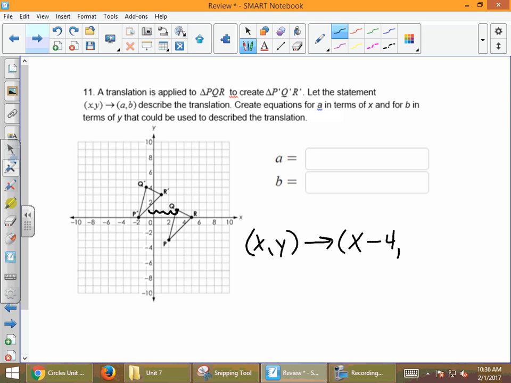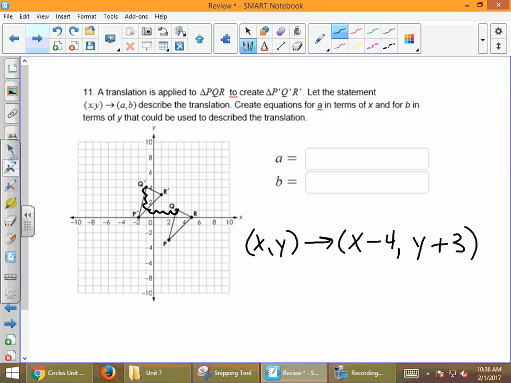Well, how far do we go up? We went up 3, so the equation for the y's would be y plus 3 because we went up. It's positive. That's how we would normally write a rule, correct? When we were doing the equation way, we went left, so it's x minus 4. We went up, so it's y plus 3.